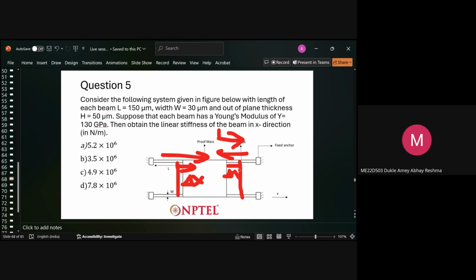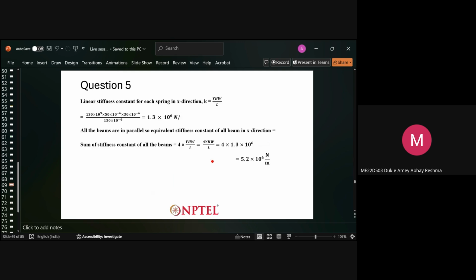When the deflection is the same, we consider the springs to be in parallel, although it may be negative delta x. So the deflection by all the springs is the same. That is why we are considering all the beams in parallel, and the total sum of stiffness is 4 into k.